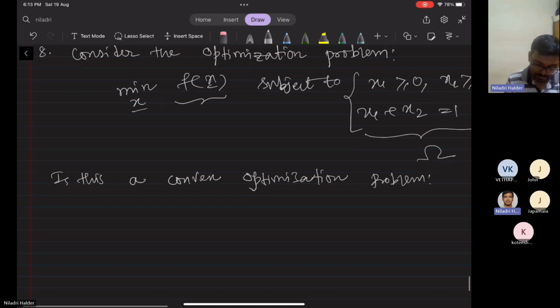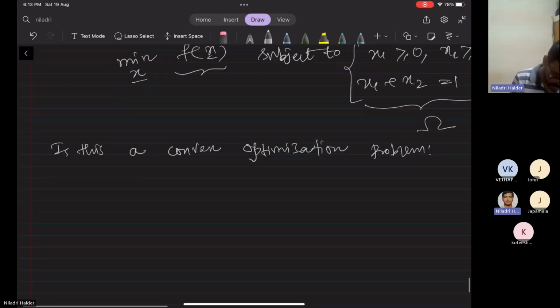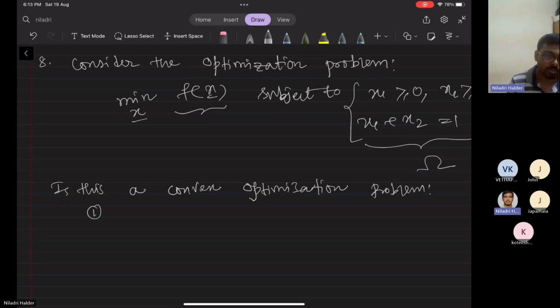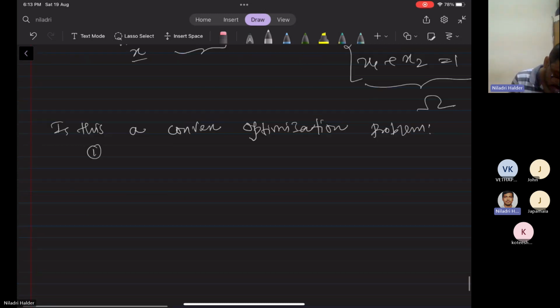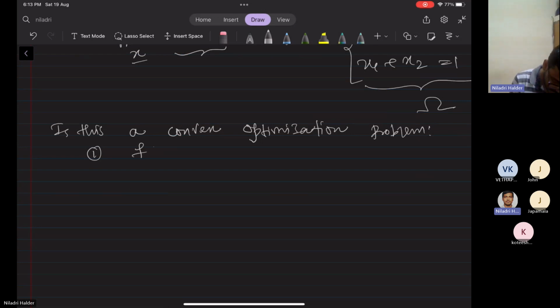For the convex optimization problem, there are two conditions. The function which is to be minimized should be a convex function. So f of x, we need to check that f of x is a convex function. We have already checked that, so it's a convex function.